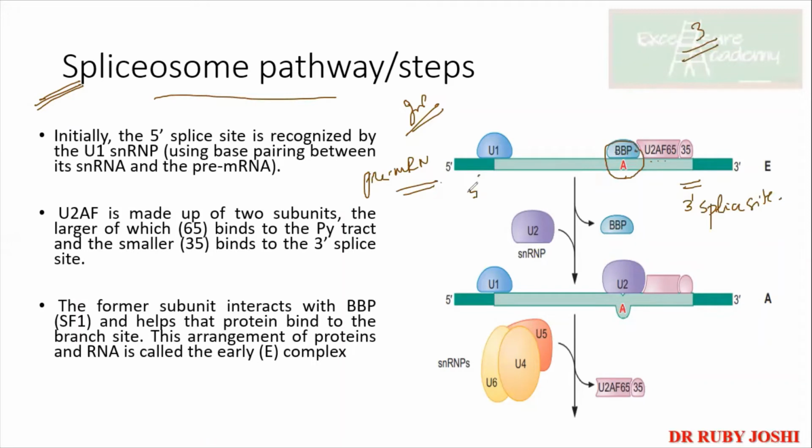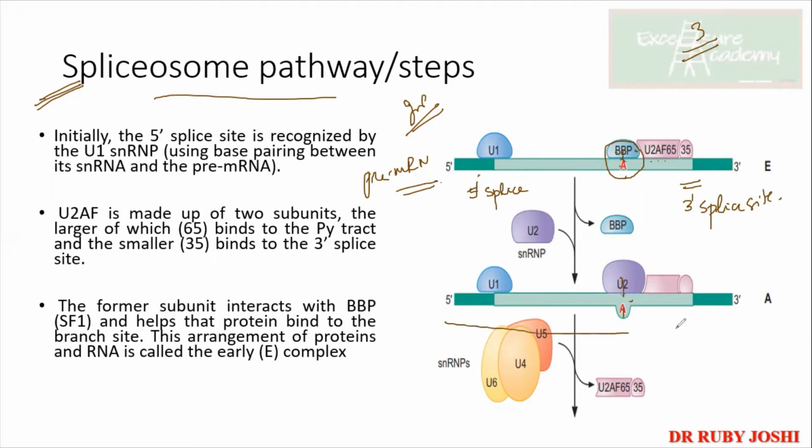U1 will come to your 5' splice site. Now this BBP will be displaced by U2. So we also know that as U2 binds, the A is pushed upward. Anyways, it is going to interact with the U2.